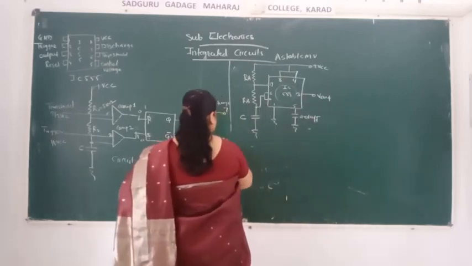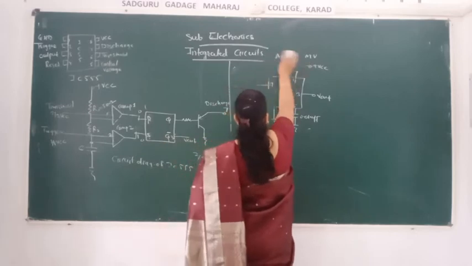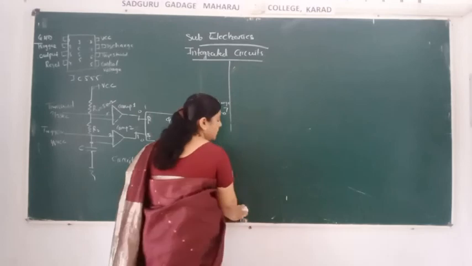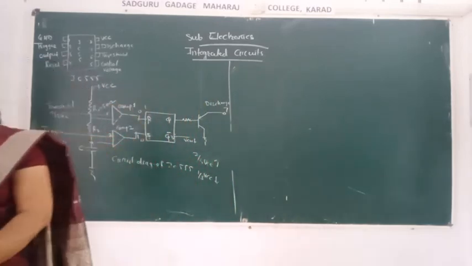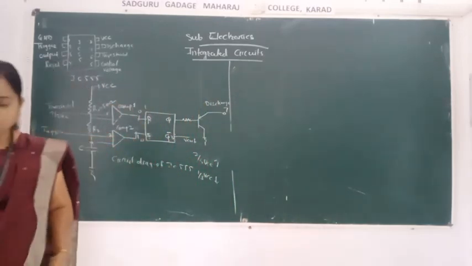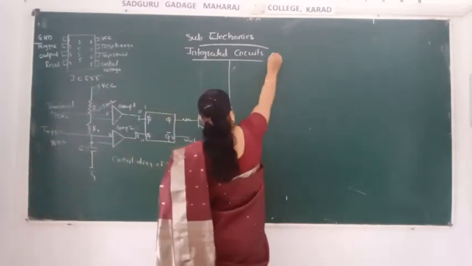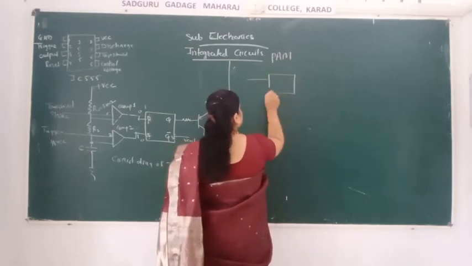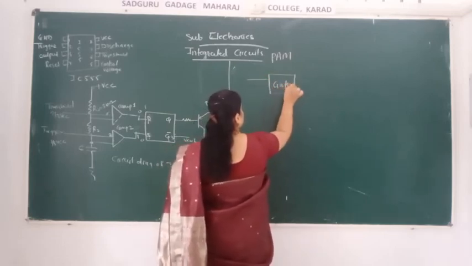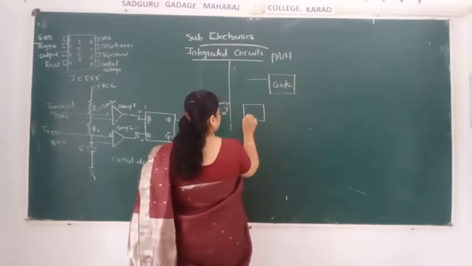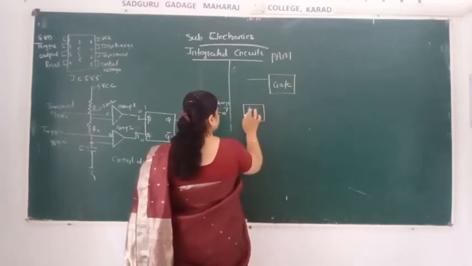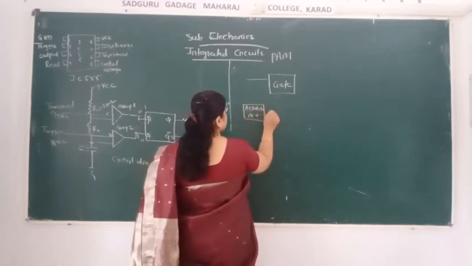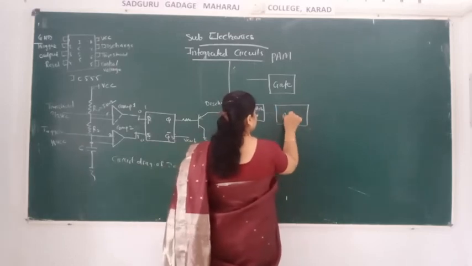Okay, so next, after the monostable multivibrator and astable multivibrator, we have seen pulse amplitude modulation, that is PAM. In pulse amplitude modulation, what happens? One gate is used here, then an astable multivibrator and a monostable multivibrator are used.